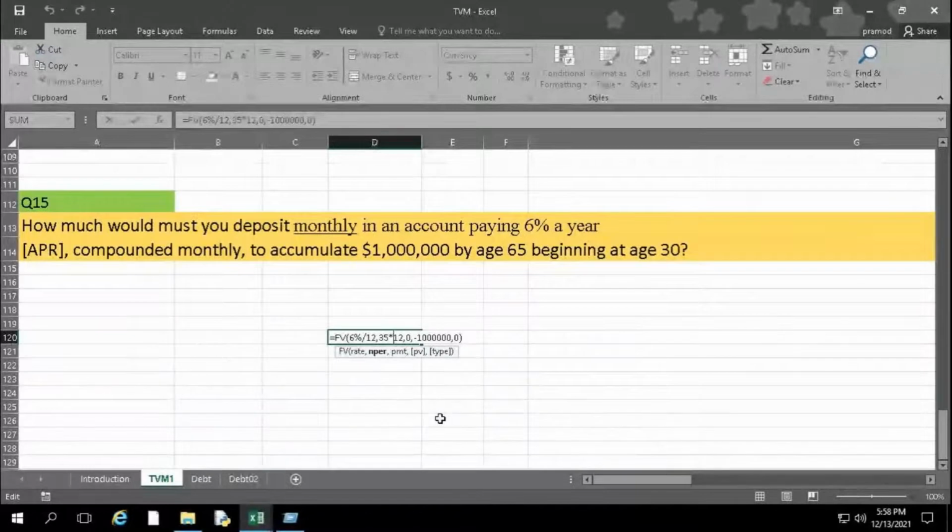Sir, but future value is 10 lakh, no, sir? They have given the accumulated amount, correct, 10 lakh. Future value only is given. To accumulate a future value you are finding the present value. But they are asking how much will you deposit monthly in an account.